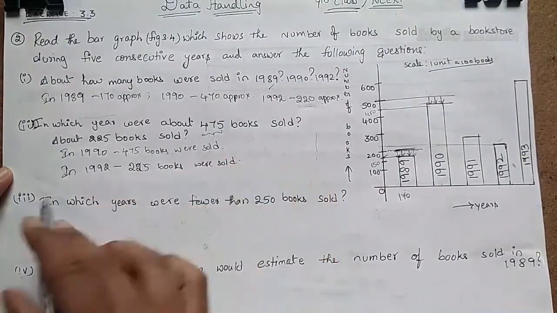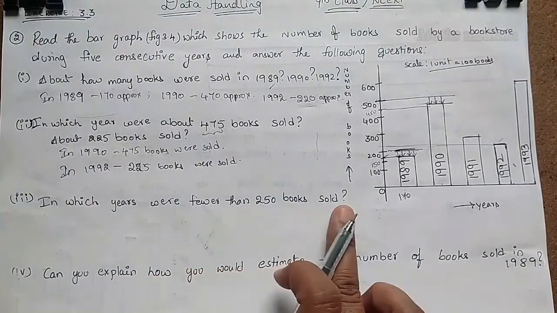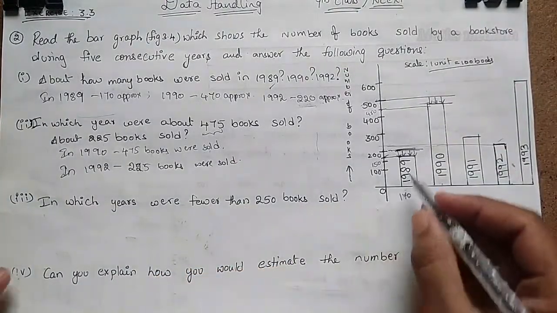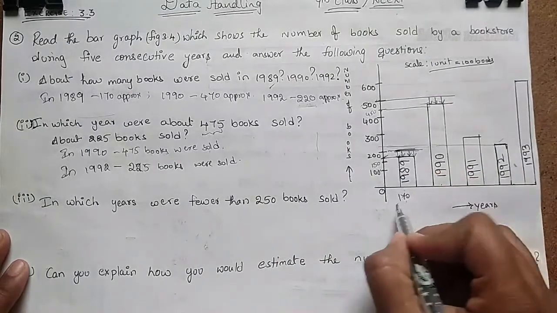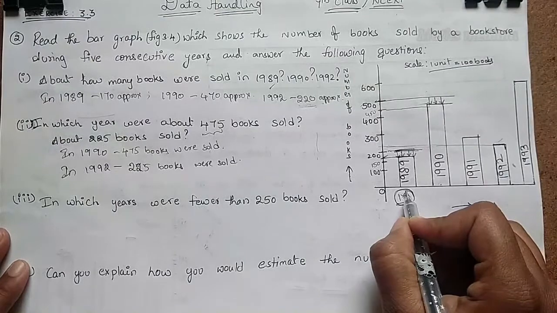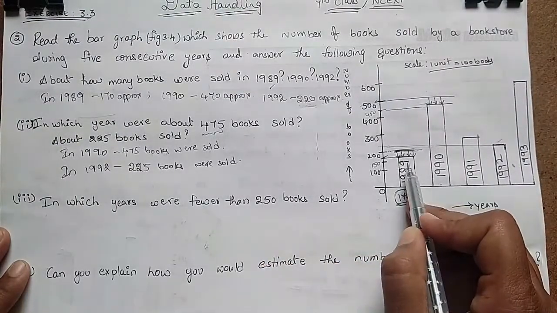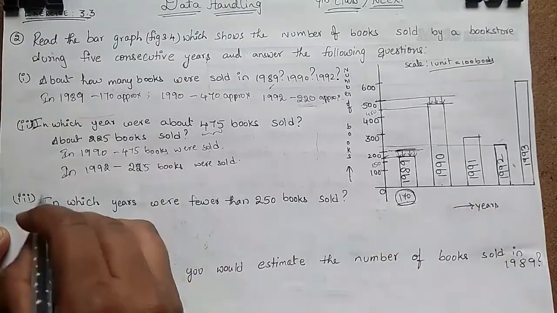Next, coming to the third question: in which year were fewer than 250 books sold? Below 250, I think this one, because we estimated approximately 170. So below 250, take the 1989 year.